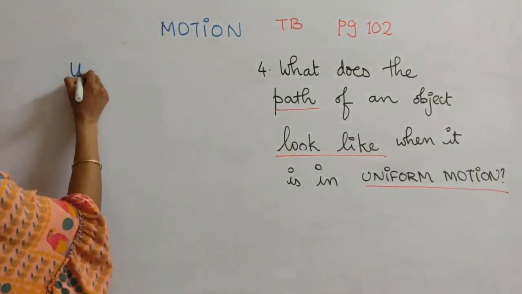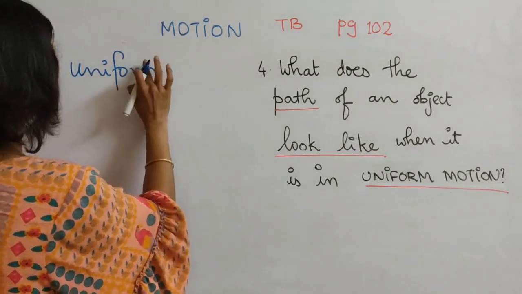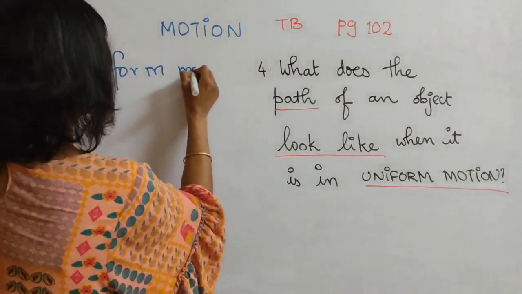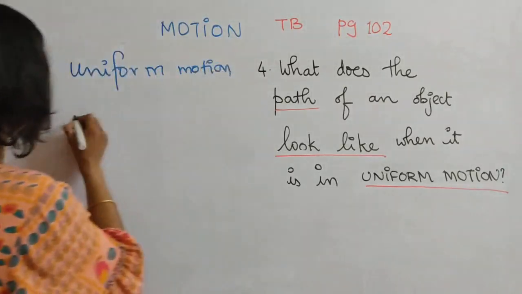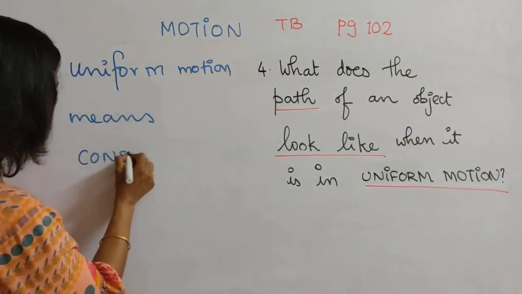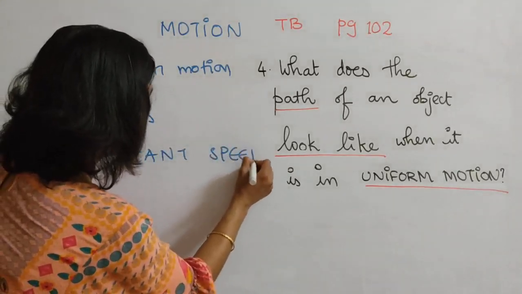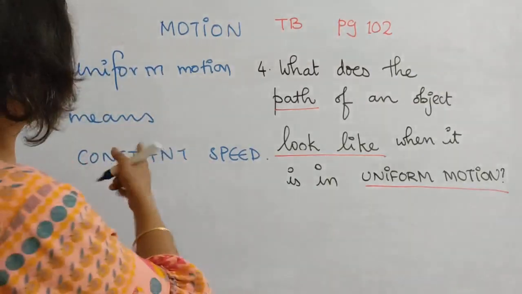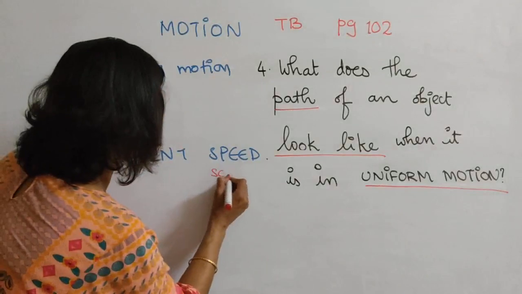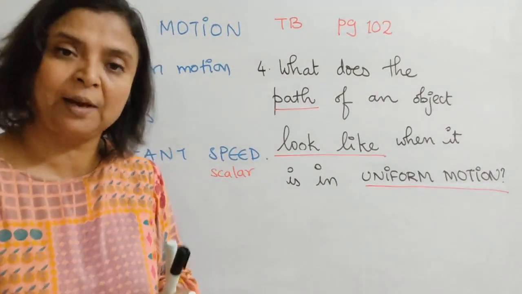So, uniform motion means constant speed, right? And speed is a scalar quantity. If you remember, speed is a scalar quantity. So the direction has no role to play, right?